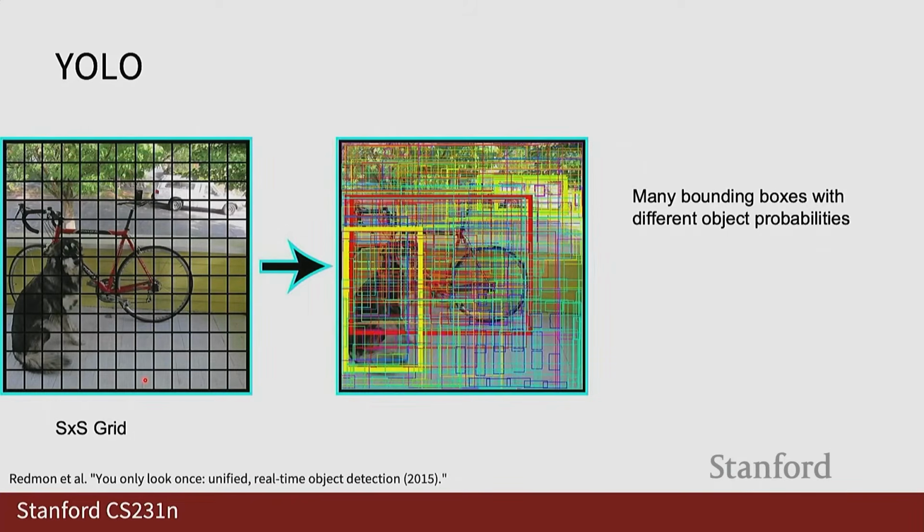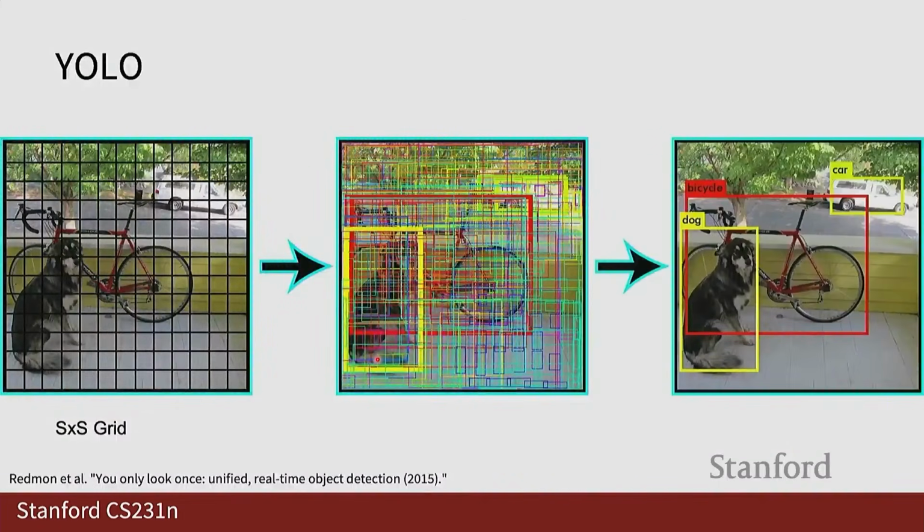Each of those boxes is associated with a probability, and in this example, the probability is shown by the weight of the edges of each box. For these many different bounding boxes and object probabilities, now we can do thresholding.